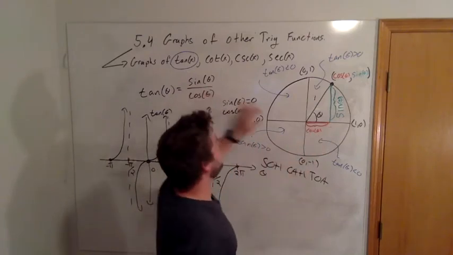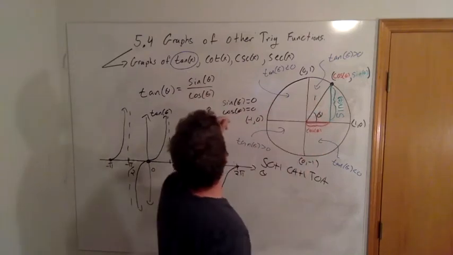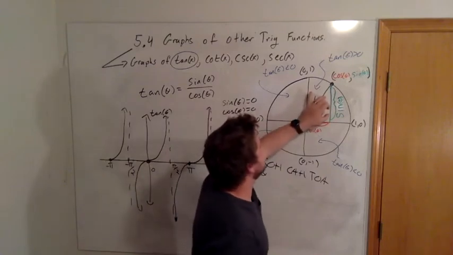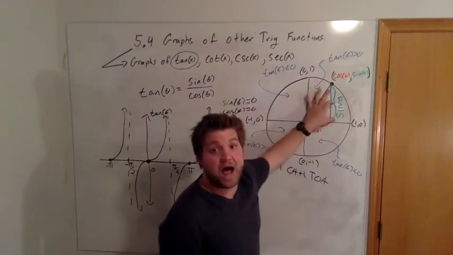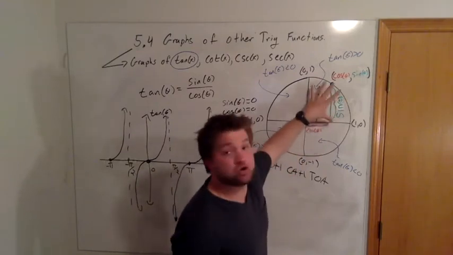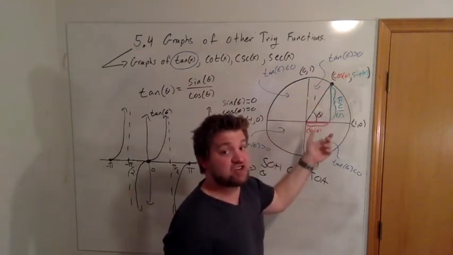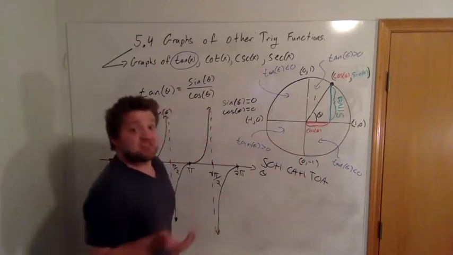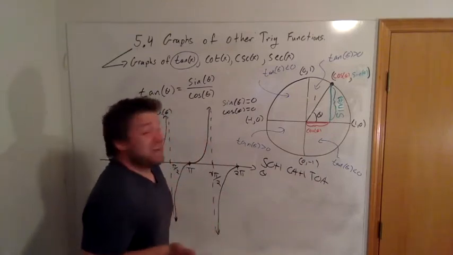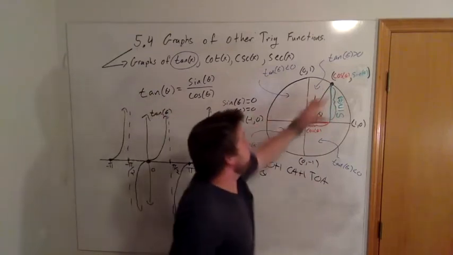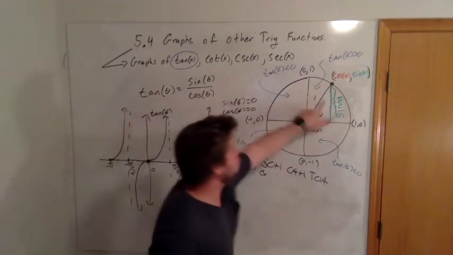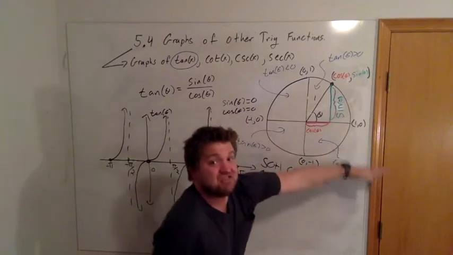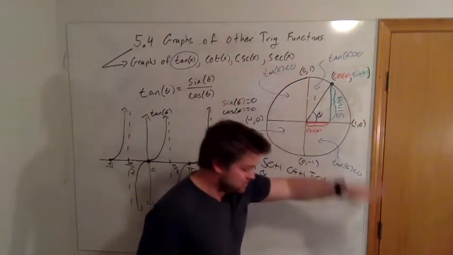So tangent is a height over a width, or a rise over a run, a vertical change over a horizontal change. That smells like slope. Sine over cosine, rise over run. What is tangent? Tangent is the slope of this line as you rotate it around.